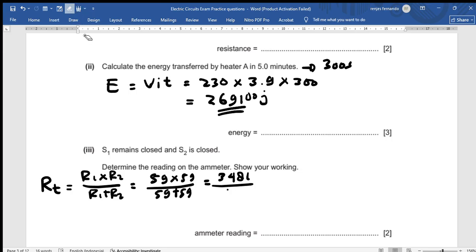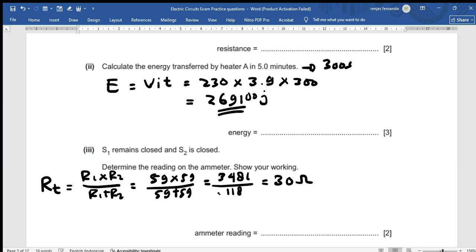Why like this? Okay, 1118, which is equal to 3481 divided by 118, which is equal to 30 ohms.